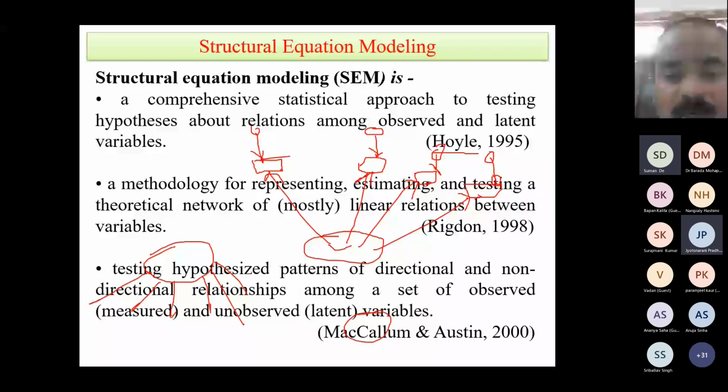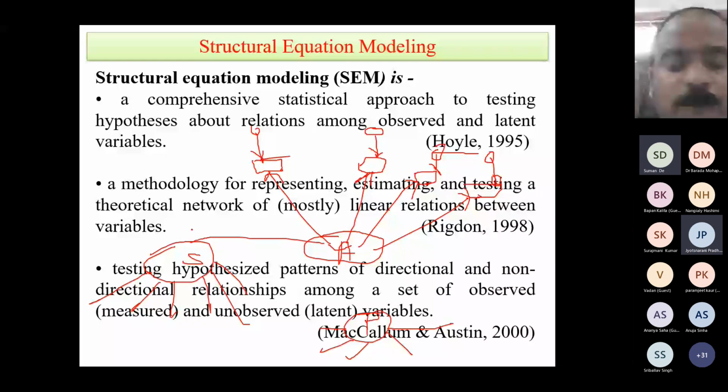Look here. Suppose this is attitude, this is satisfaction, and this is performance. Your hypothesis says attitude positively and significantly influences satisfaction, and satisfaction positively and significantly influences performance. Moreover, attitude directly influences performance also.